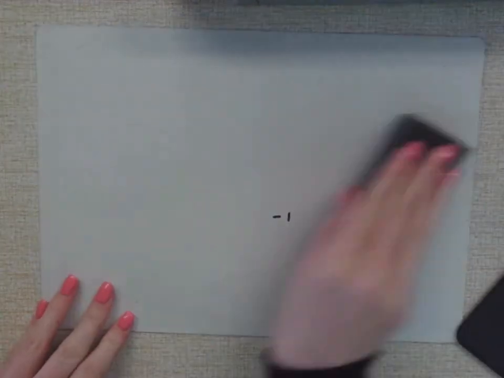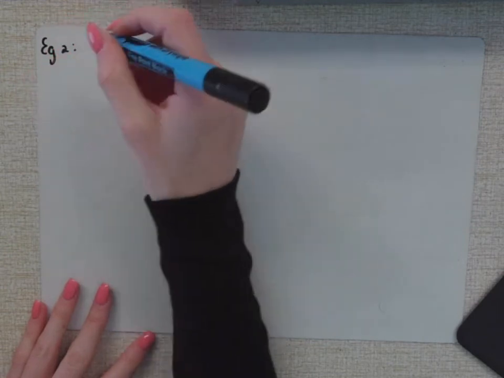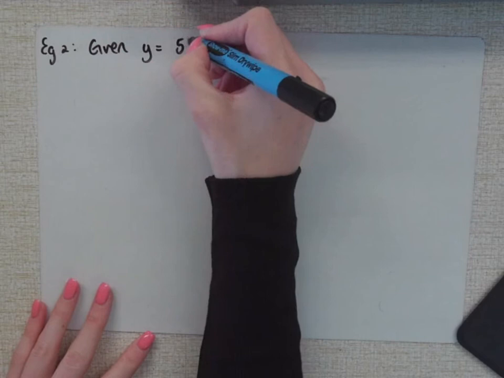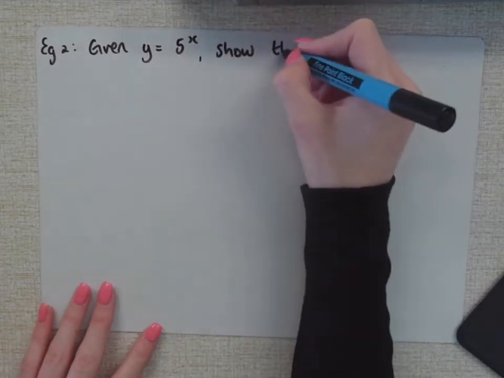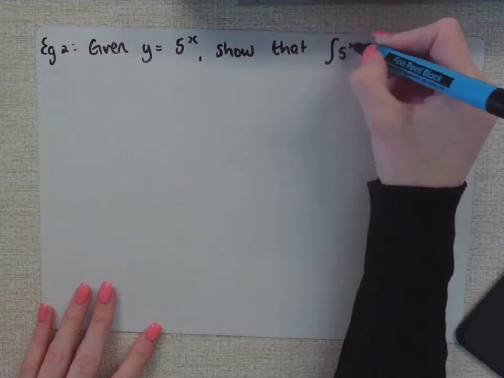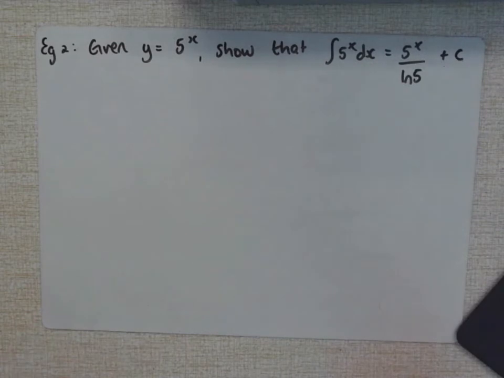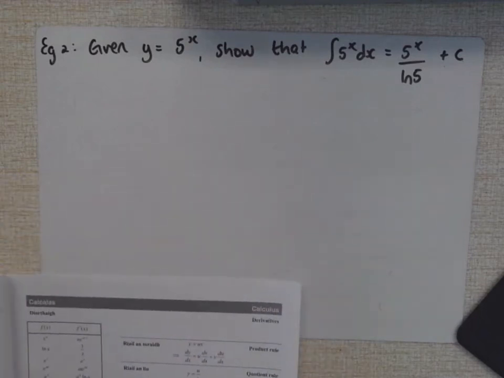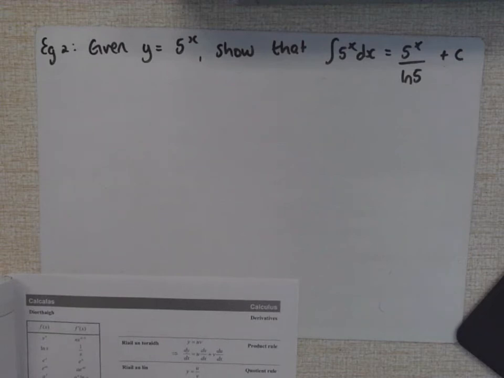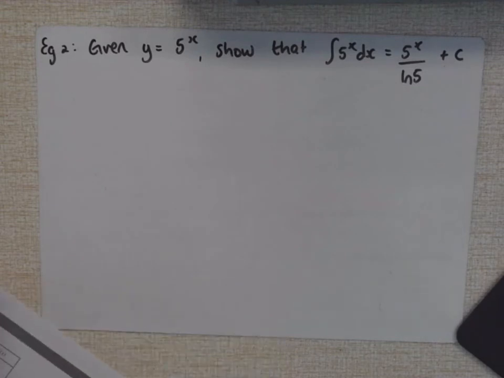Example 2. Okay, given that y is 5 to the power of x, show that the integral of 5 to the power of x dx is this thing.